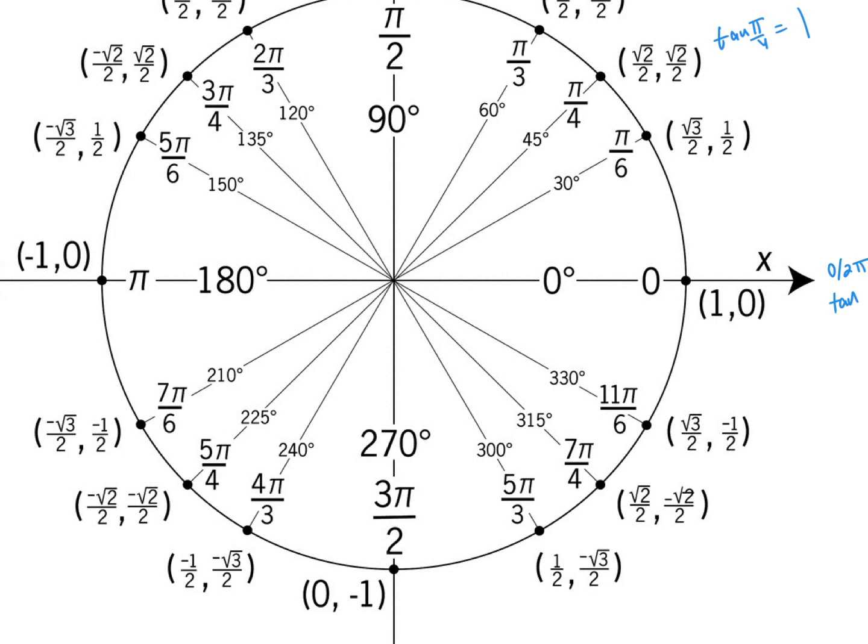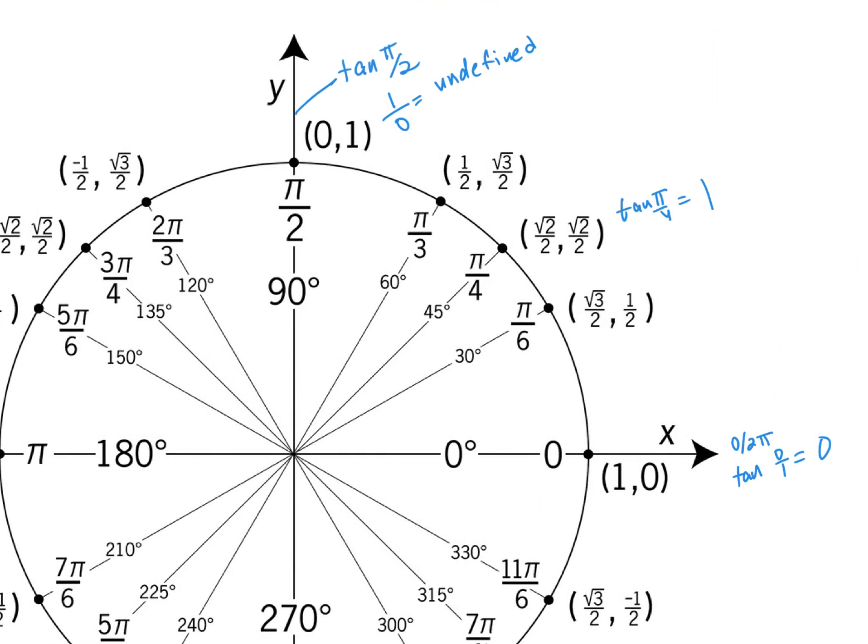Positive 1, because a negative divided by a negative is a positive. What's the tangent at 7 pi over 4? Negative 1. Do you see how they're all the same? If it's over 3, it's the same ordered pair all the way around. If it's over 4, it's the same ordered pair all the way around. The only thing that changes is the signs.